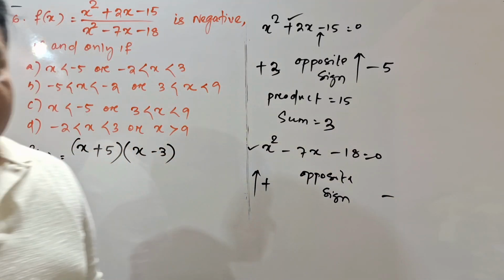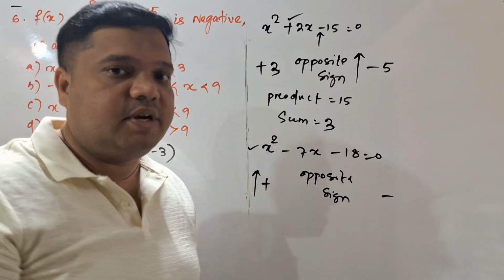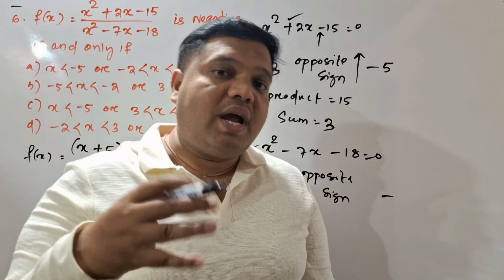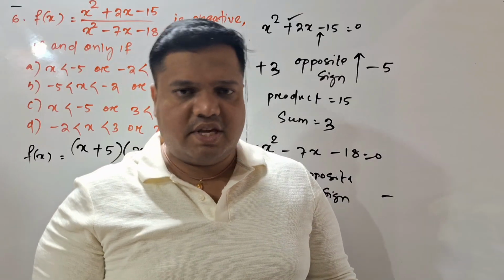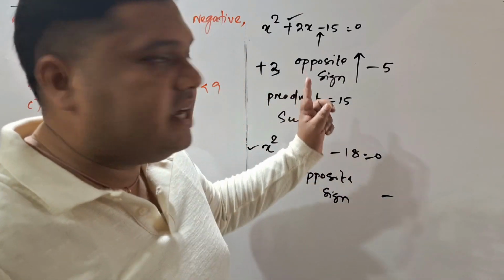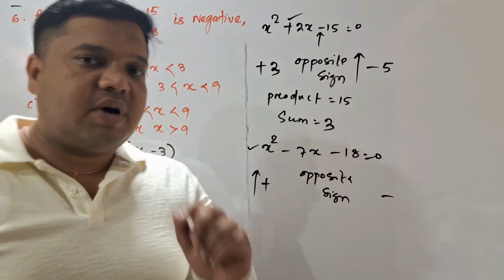Already I explained this, you can see my shorts videos. In one video I explained how to handle different quadratic equations. Four types of equations are there. When you get opposite sign, when you get same sign, already explained, you can see that there also.